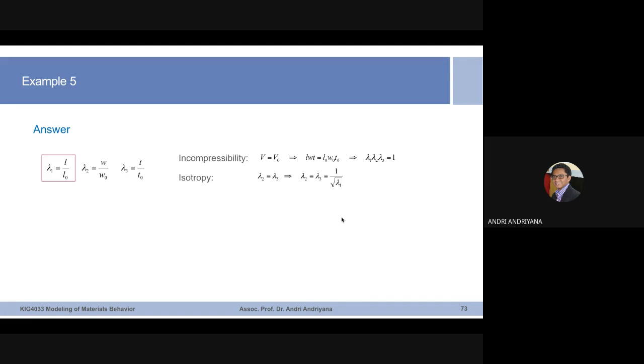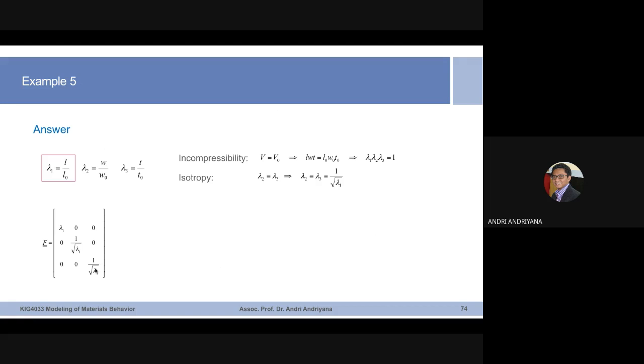That is what the information from these equations gives. With this, we do exactly like in example 3 before. Then I can get that F equal to diagonal of lambda 1, lambda 2, lambda 3, where lambda 2 equal to 1 over square root of lambda 1, and lambda 3 equal to 1 over square root of lambda 1.